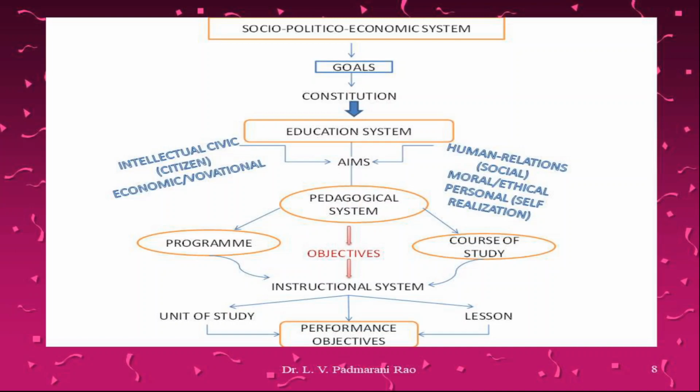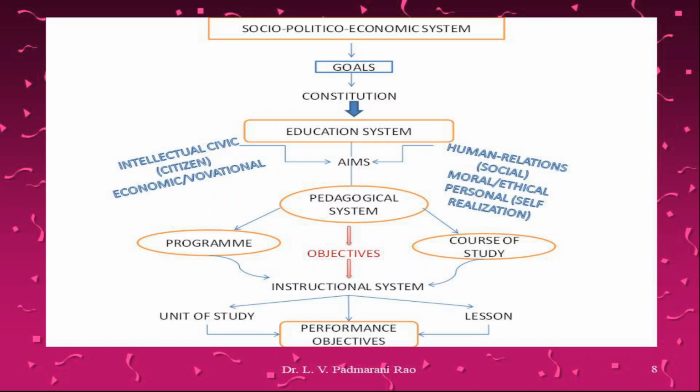Now, each program will have different courses that are given to you. The courses in MA program, the courses that you studied last year would be the modern English structure with phonetics as one paper and grammar as another paper. Then we have American literature, British literature with various periods, Indian writing in English, Indian translation studies, the course that you are studying, English language and literature teaching, all these are the courses that you learn.